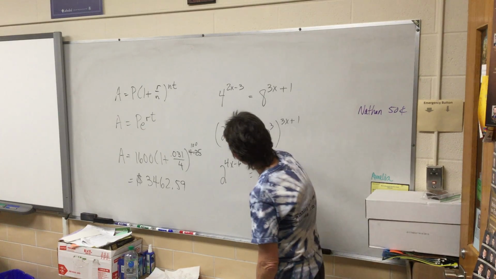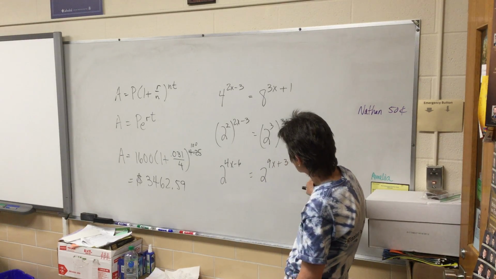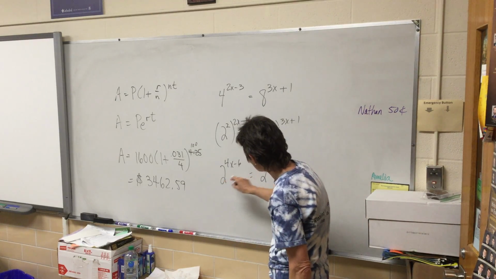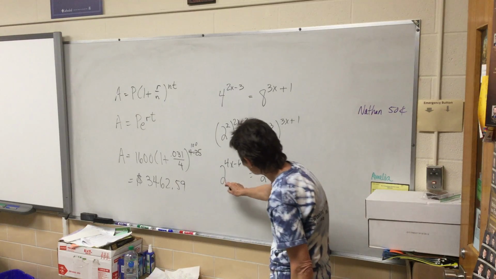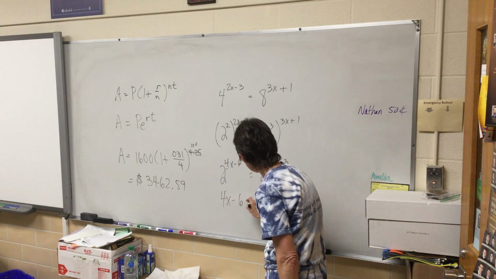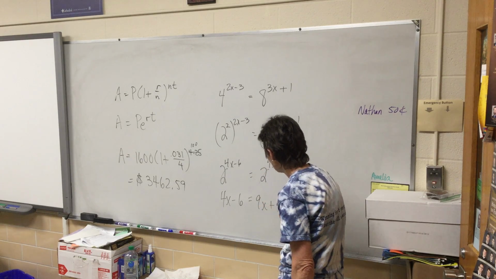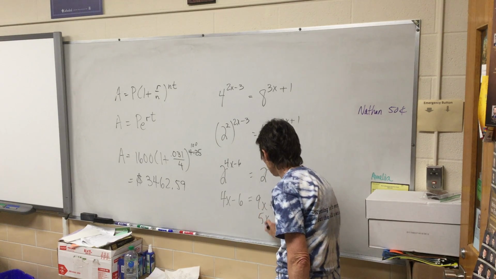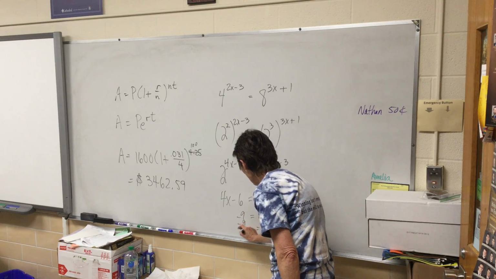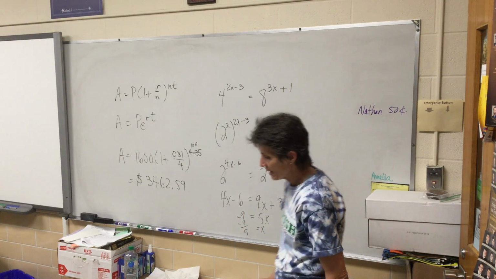So these get multiplied and those get multiplied. And then much like the logarithm problem we did, once the bases match, you can set the exponents equal. And then just solve it like a regular equation. So x is negative 9/5.